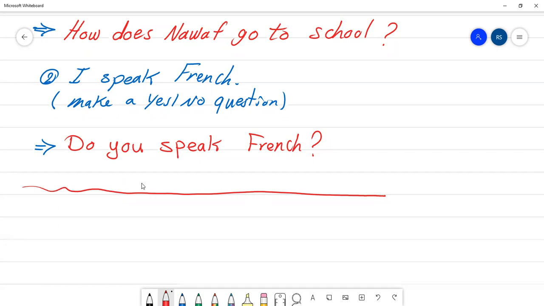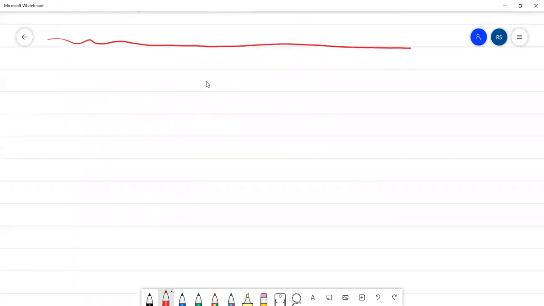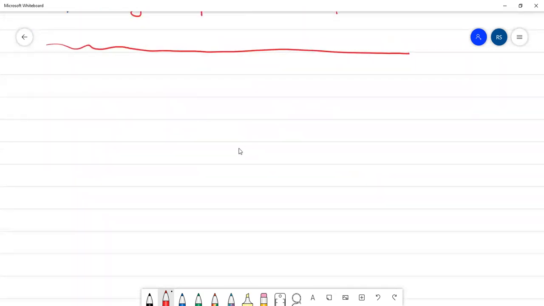So these are the uses of simple present. Okay, now let's move to present progressive.